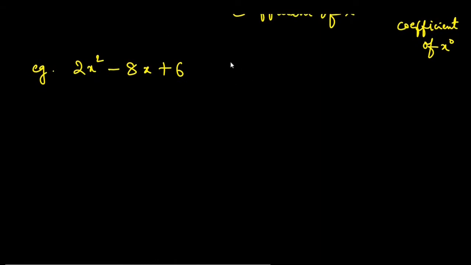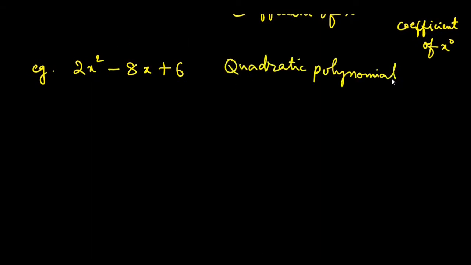This is a quadratic polynomial. Now let us find zeros. We have to equate this to 0 and solve for x. Then we can find zeros.